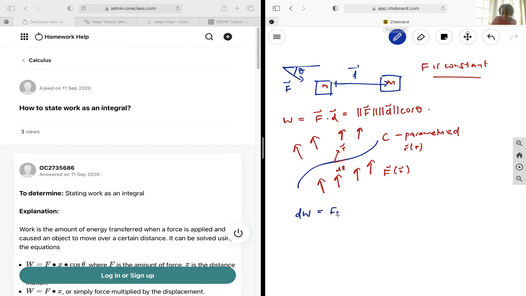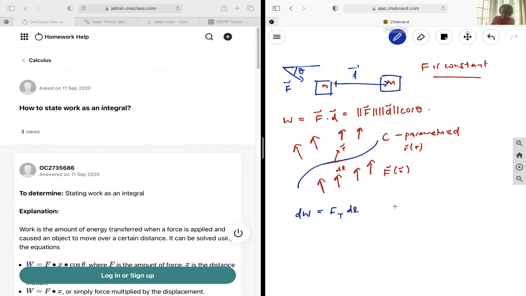So the tangential force dotted with dl. That's just going to be dl dotted with the force, the dot product with this distance, and that's going to be the tangential force multiplied by dl. Let's write that out like that.